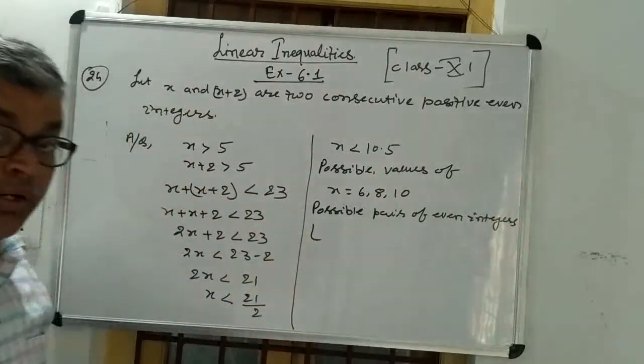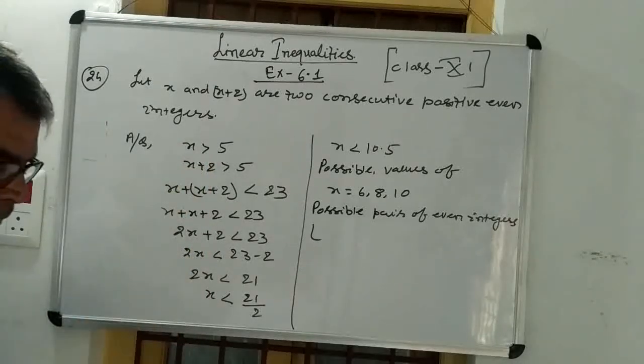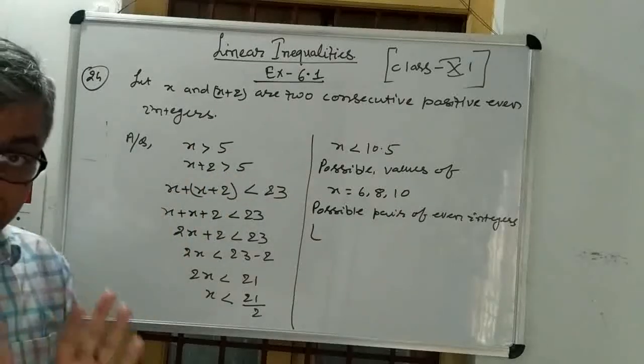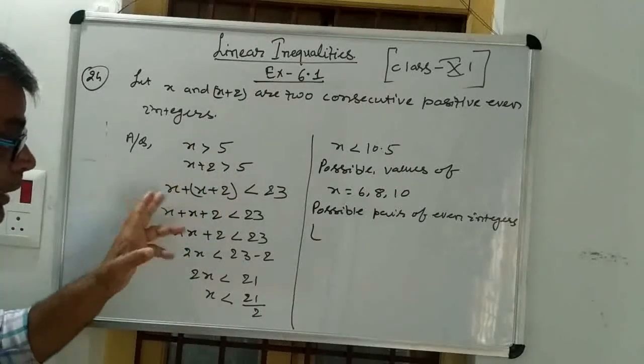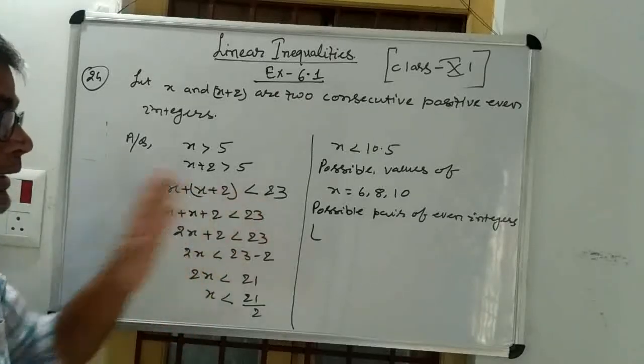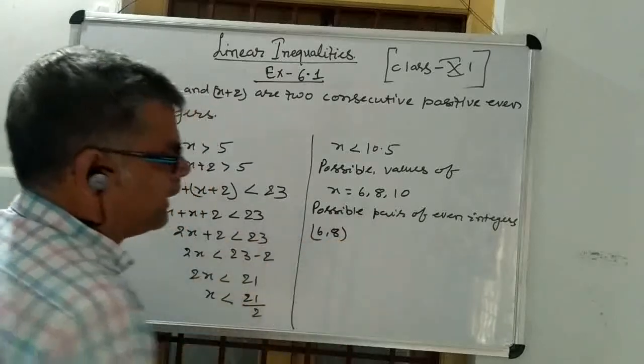Now check one by one. When you take x equals 6, which is greater than 5, then x plus 2 becomes 8, which is also greater than 5, satisfying. And 6 plus 8, that is 14, is smaller than 23. So one pair of solution is 6 and 8.